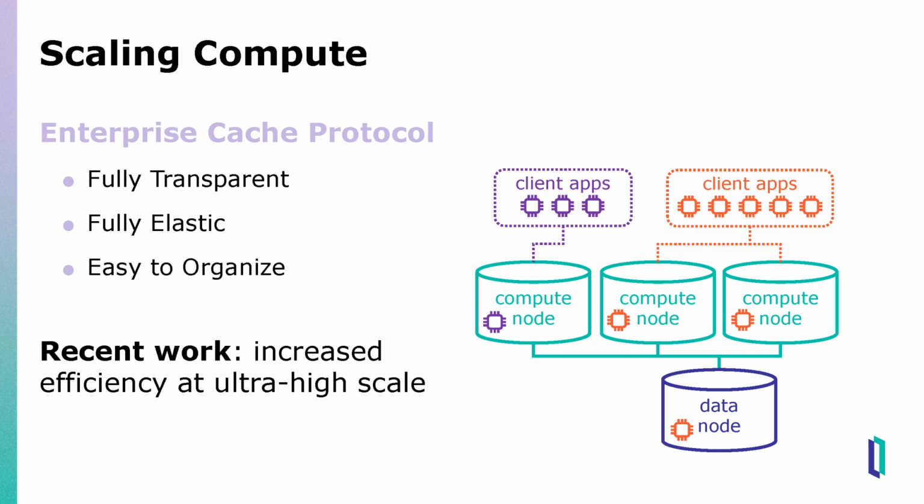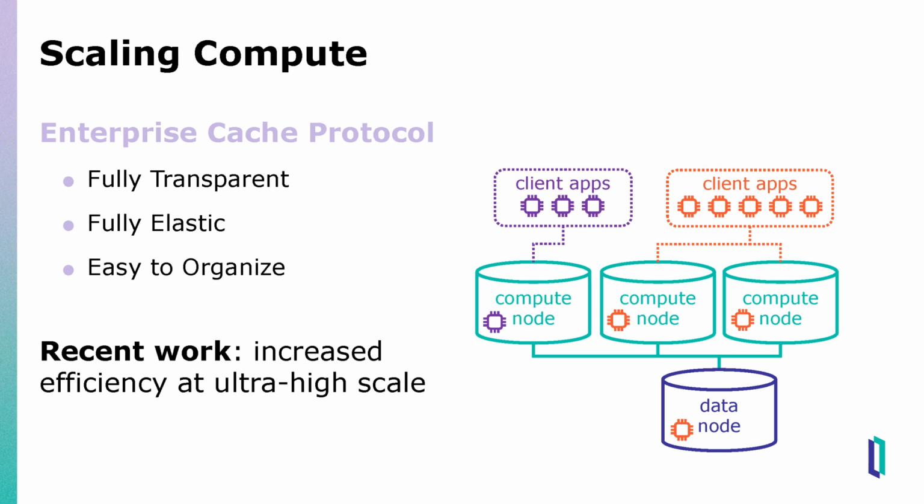One of the great advantages of ECP as a protocol is that it's fully transparent. Whether your application is running on the data node in the most standard setup, say you're using the community edition and start writing some server-side code, it will run there. But that same application can run in the exact same way on the compute node. It sees the same data, has the same logical view of the data, and has the same transaction semantics. That's really great for transparency for the applications.